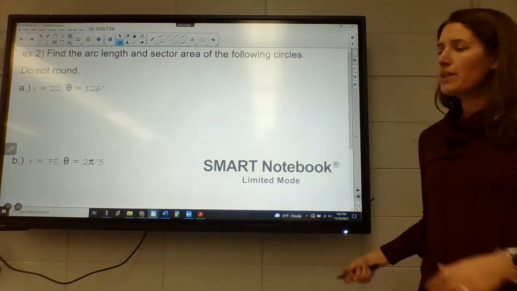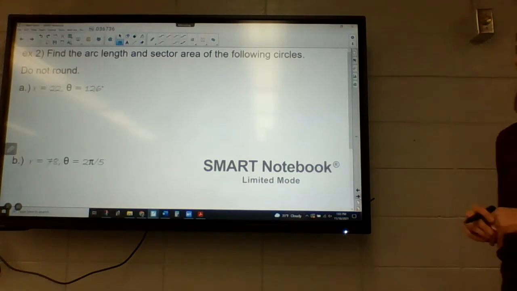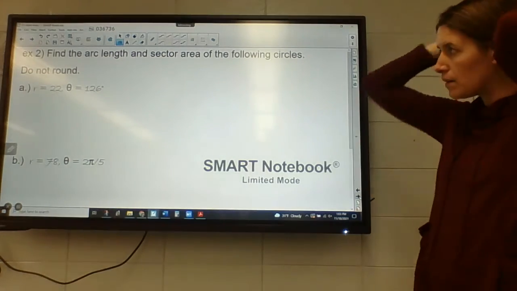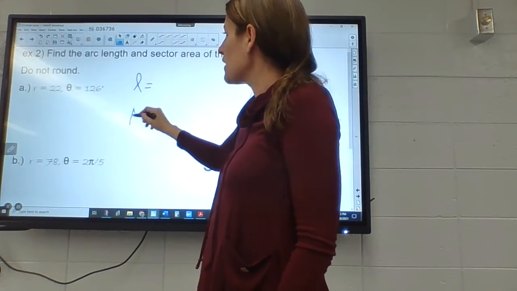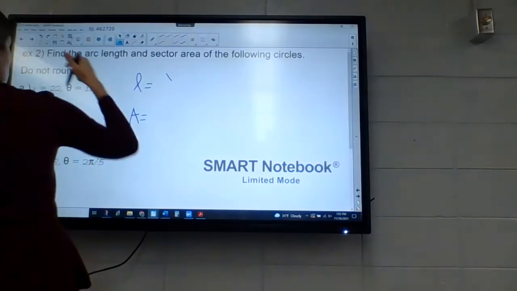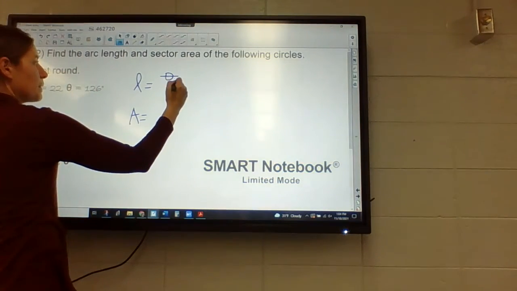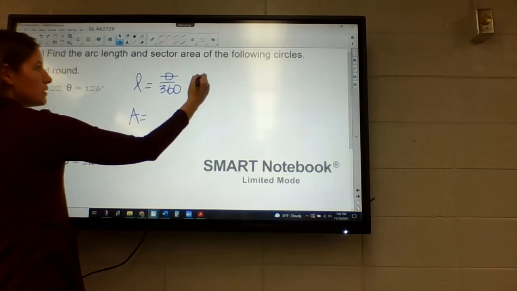Now, these two, they didn't even draw a picture for you, but they give you the information you need. There are a few in your homework like this that we'll do. So again, arc length versus area. Now this time they tell us degrees. But again, notice, do not round.